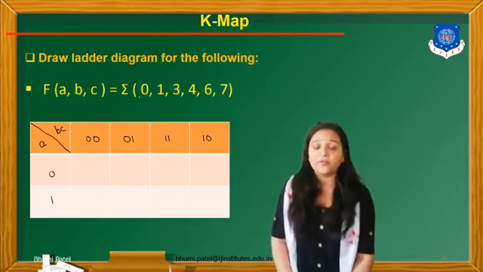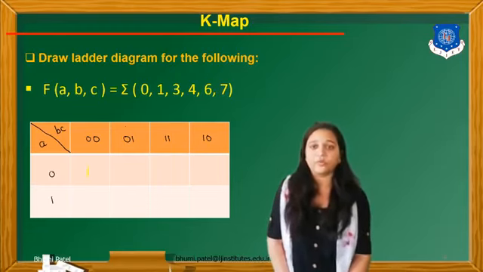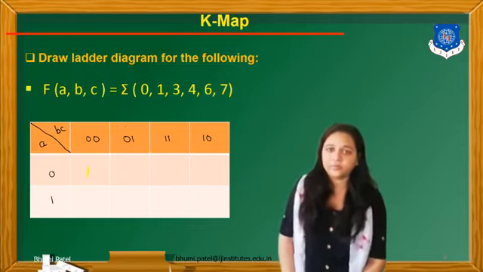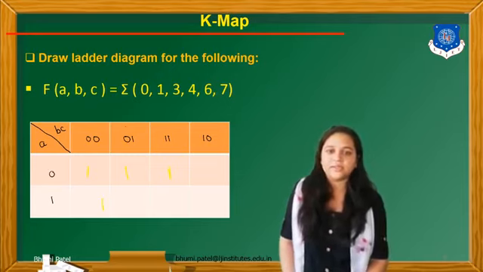For the 0 we put a 1 here. Now the next one is for the 1. Then 2 and 3. This is my 4 and 5. Then 6 and 7. Clear?